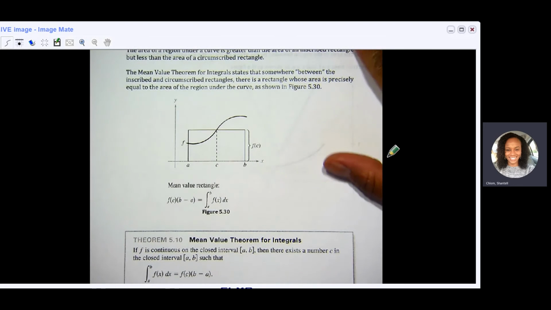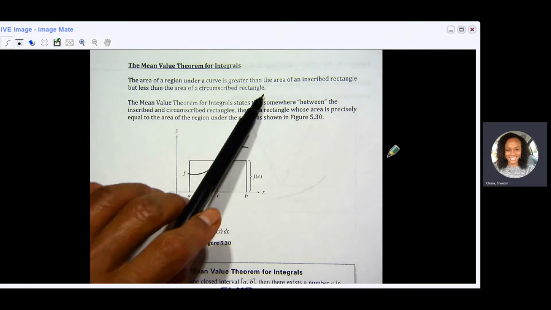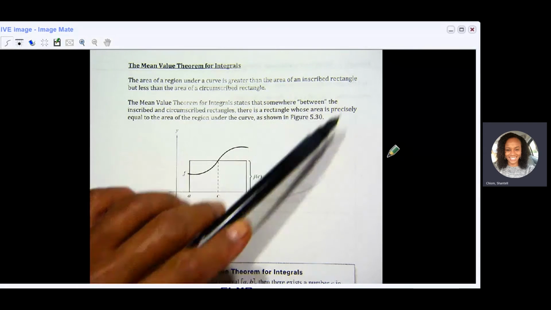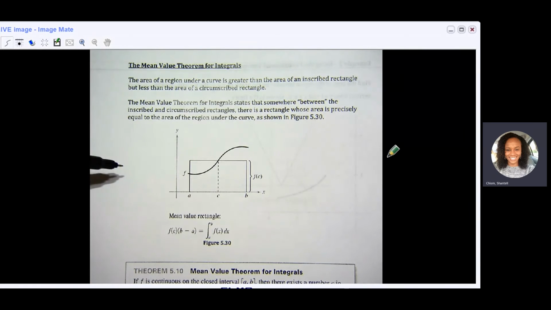One more thing in your notes, you also have the mean value theorem for integrals. I would have to look at the homework to be sure, but I'm not certain that there are any homework problems related to it, but I wanted to mention it anyway. The mean value theorem is just the area of a region under a curve is greater than the area of an inscribed rectangle, but less than the area of a circumscribed rectangle. So basically, you can approximate the area under the curve using an inscribed rectangle and a circumscribed rectangle, because it'll be greater than the inscribed rectangle, but less than the area of the circumscribed rectangle.